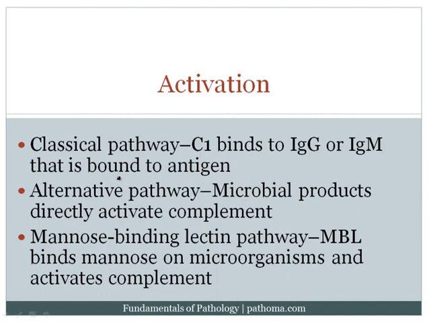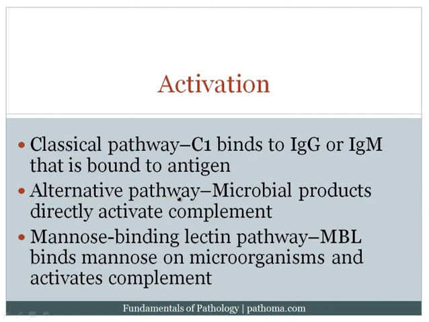The second pathway that's important by which complement can be activated is the alternative pathway. The alternative pathway results in activation of complement by microbial products. So the microbial products actually directly result in the activation of complement. And so this is the alternative pathway, and that's pretty straightforward to understand.